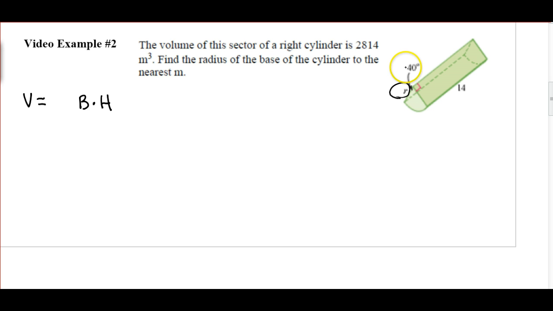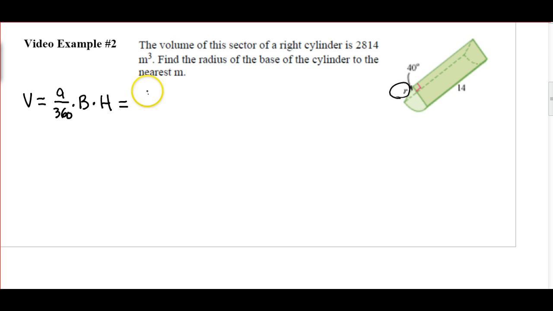I only have 40 degrees out of 360. So that would be my A out of 360 times the volume of the cylinder. This concept of A over 360 for the sector, we're still going to be using that, except now we're going to be using it for the volume.